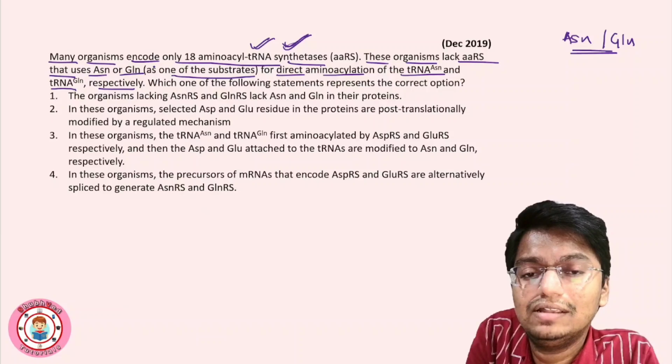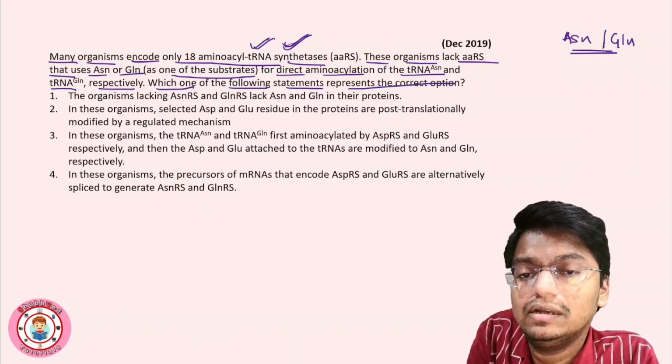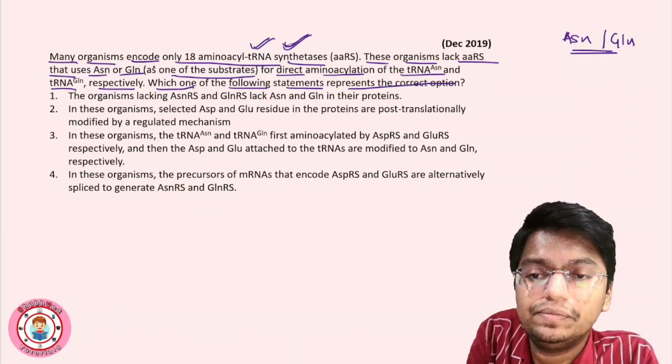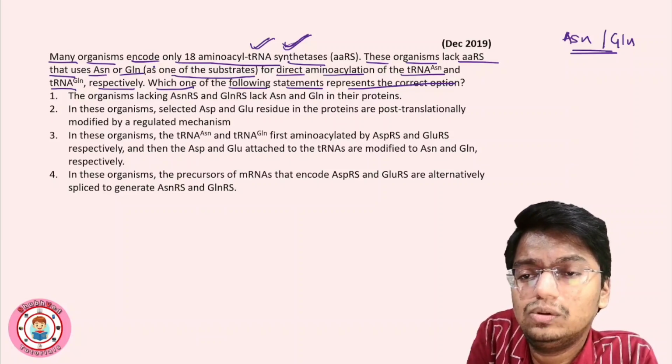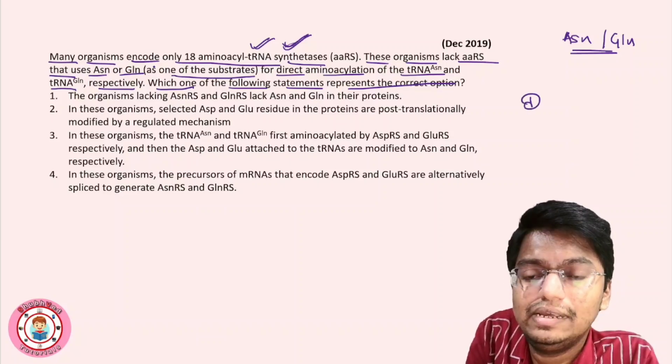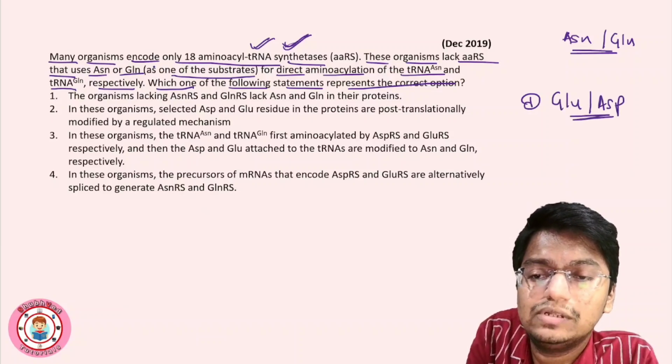So we have answered this question previously. Same answer. Which one of the following statements represents the correct option? So basically you have to note, it is the case of the negatively charged amino acids, glutamate and aspartate, right? Like this you can remember.